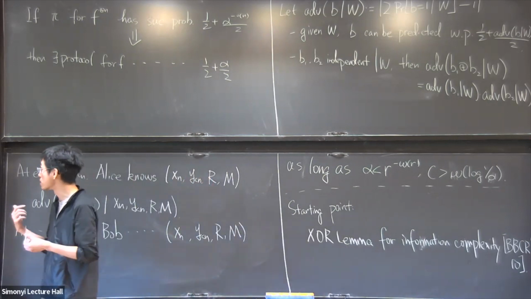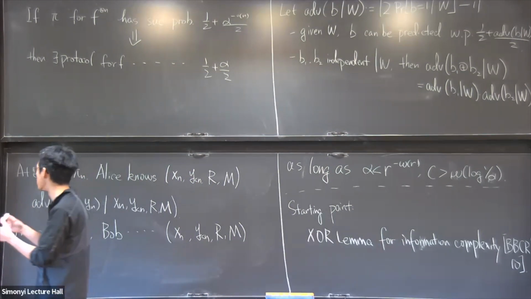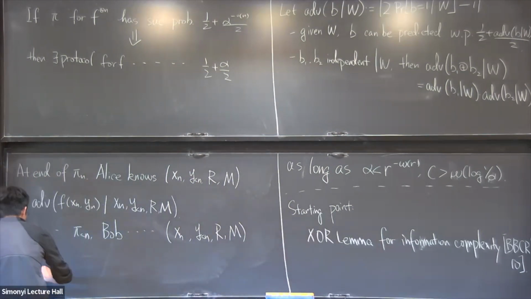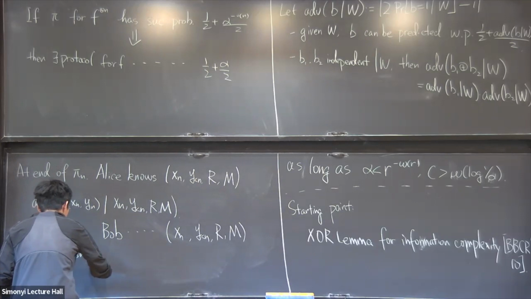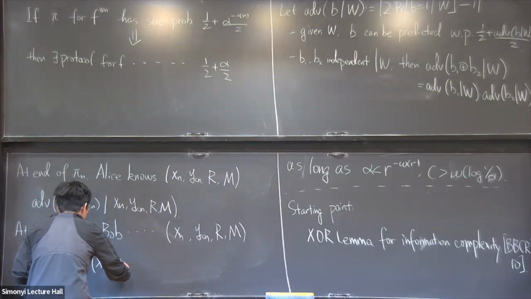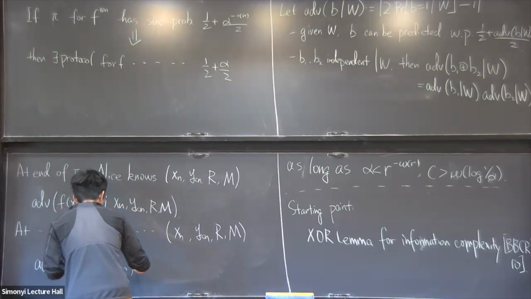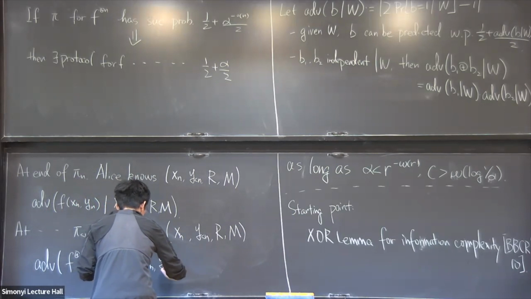He also knows the private random bits, but that turns out to be again independent of what he wants to predict. In this case, the advantage he has is the advantage of the XOR of the first n minus 1 coordinates. That's the goal of the protocol. Again, conditional on these four things.